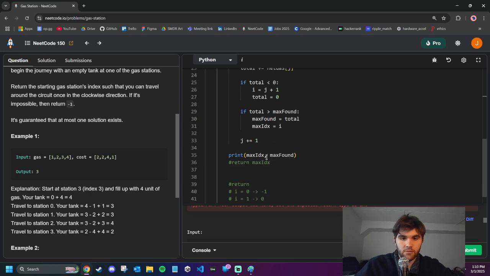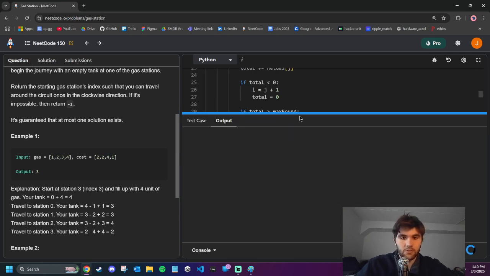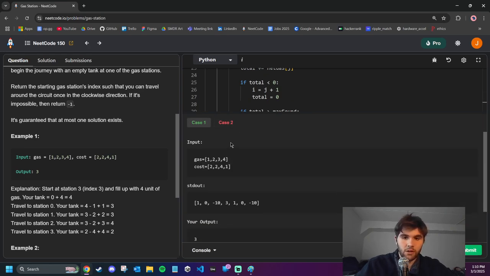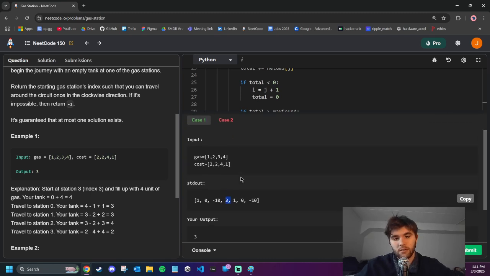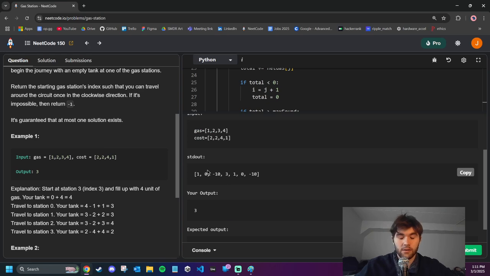Okay, let me try just returning max index here. So my idea is now the wraparound is simulated by... so now no matter which position you're at, you're still going to iterate length time, like n times. So here you're looking at the subarray or the max.